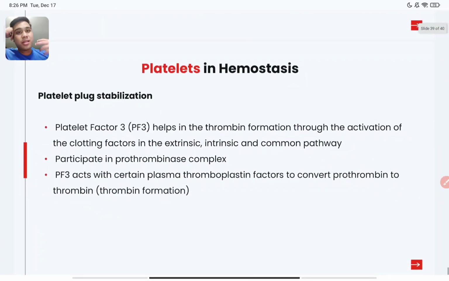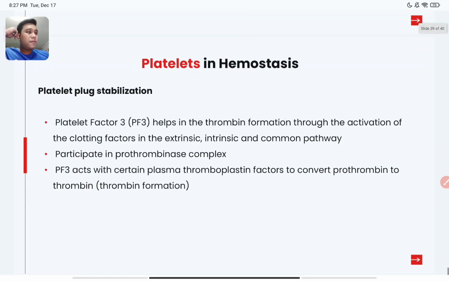For the platelet plug stabilization, your platelet factor 3 helps in the thrombin formation through the activation of the clotting factors in the extrinsic, intrinsic, and common pathway. So it participates in the prothrombinase complex, just like the tenase I mentioned earlier. We will meet this in the coagulation cascade. Platelet factor 3 acts with certain plasma thromboplastin factors to convert prothrombin to thrombin, or your factor 2.